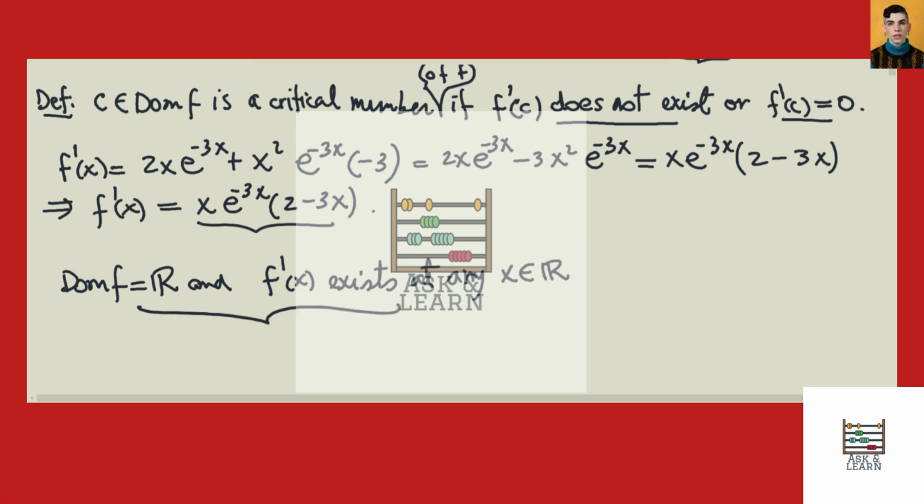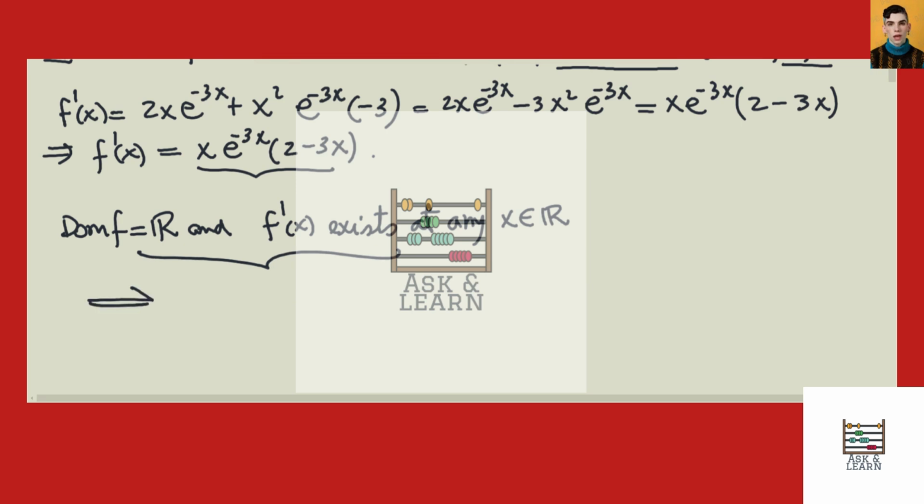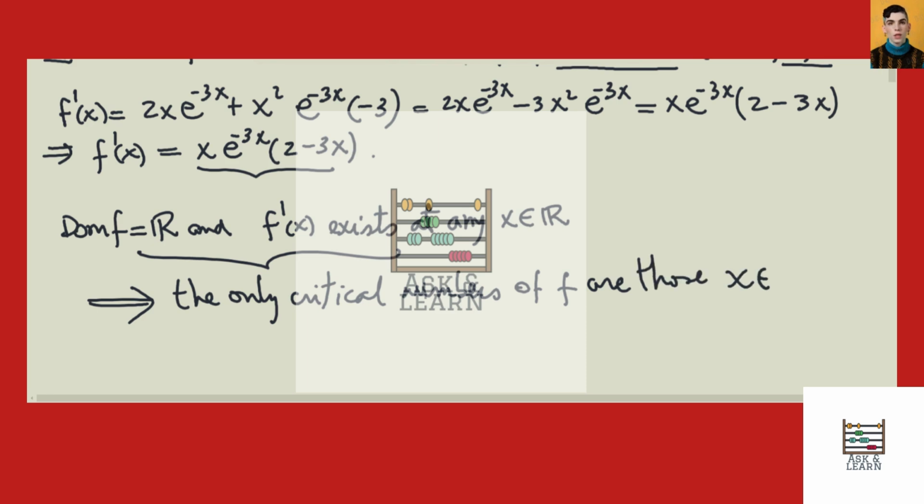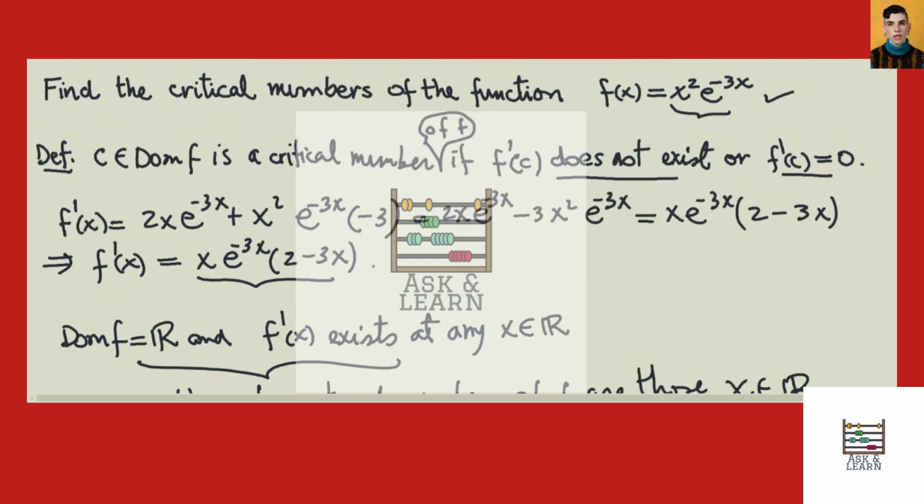These two things together imply that the only critical numbers of f are those real numbers for which the derivative is zero, because the first possibility, this one here, cannot happen, because the first derivative exists everywhere.